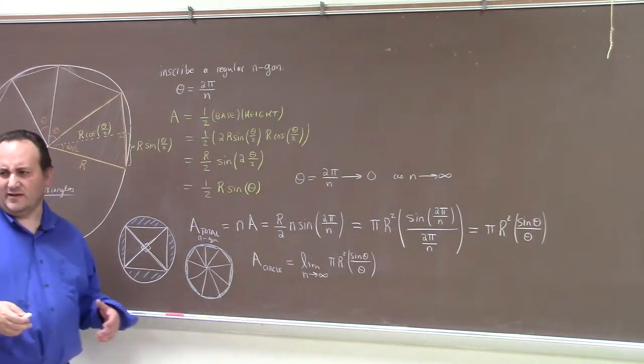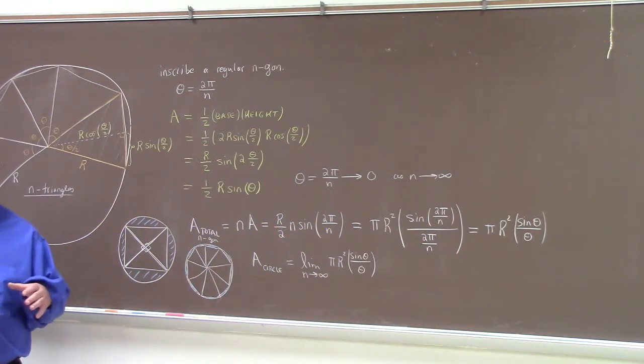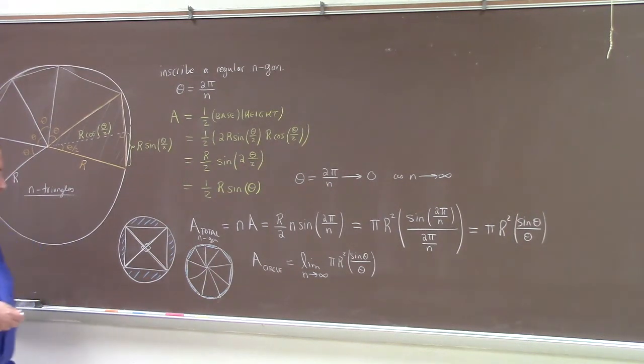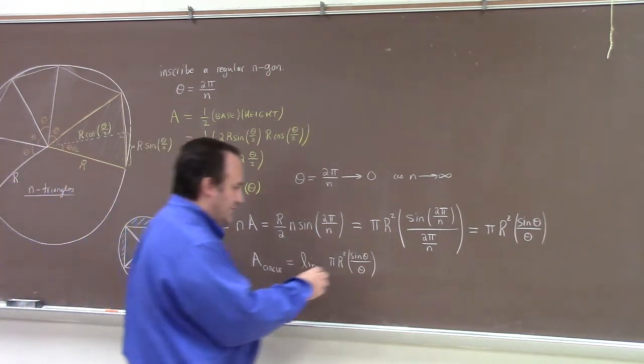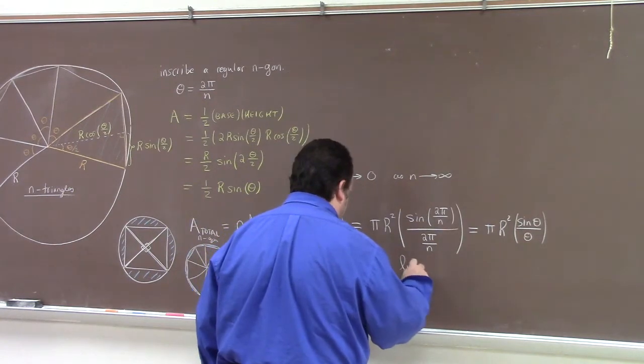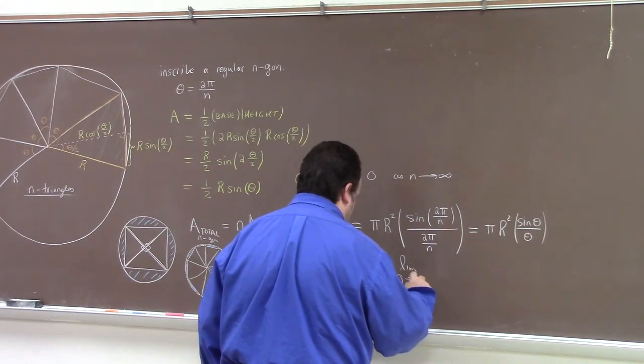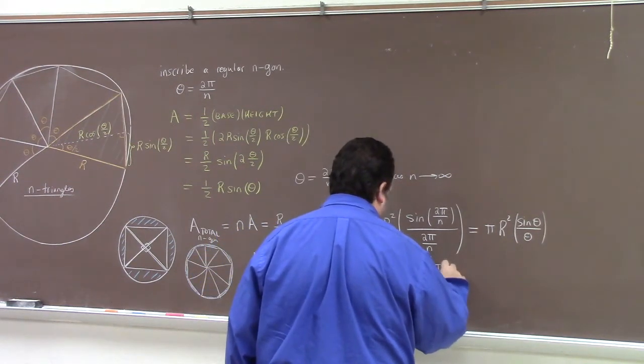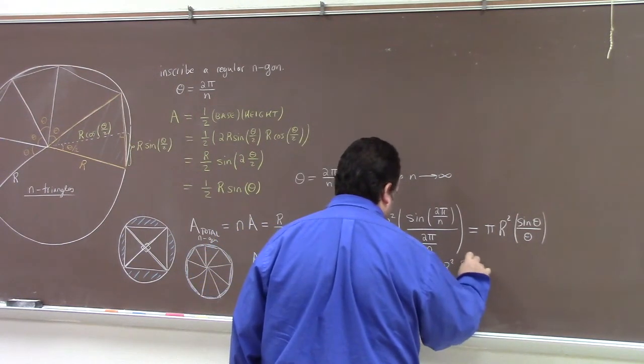You can even see that in the approximation. As the number of triangles gets larger and larger, the angle for each triangle gets smaller and smaller. So this is equivalent to the limit as theta goes to 0, technically from the right, of pi r squared sine theta over theta.